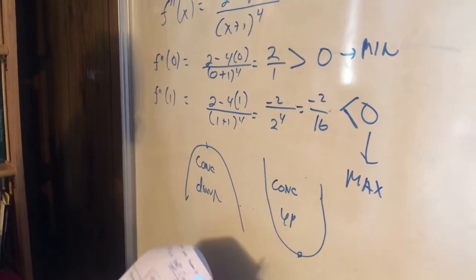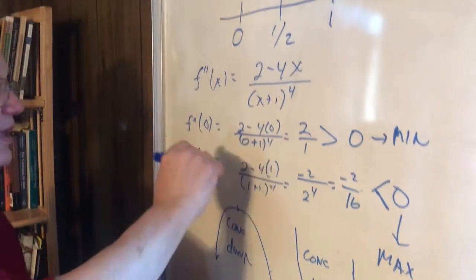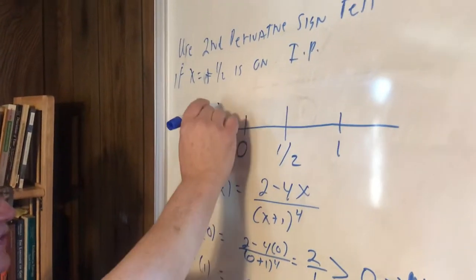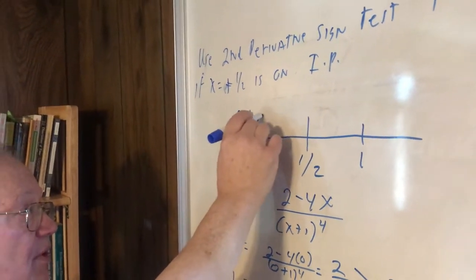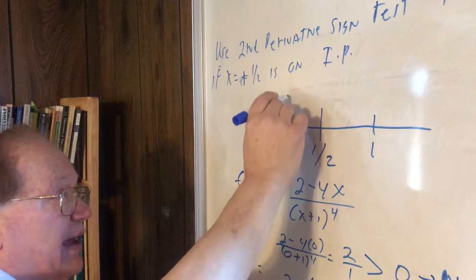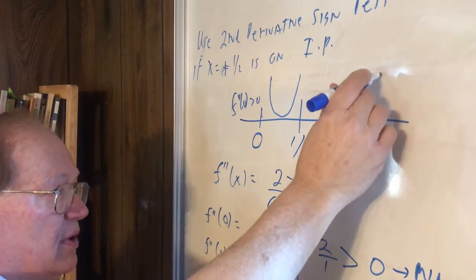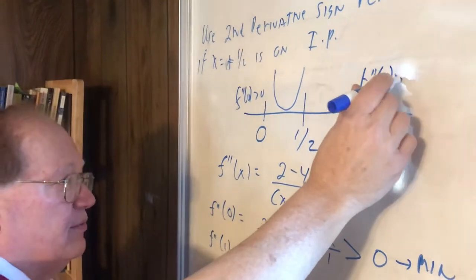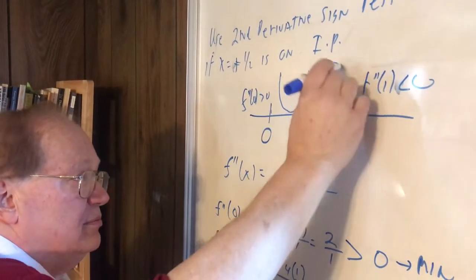So what I'm going to get here basically is this. Since f double prime 0 is greater than 0, we have a minimum point. So we have this guy here. And since f double prime 1 is less than 0, we have a maximum.